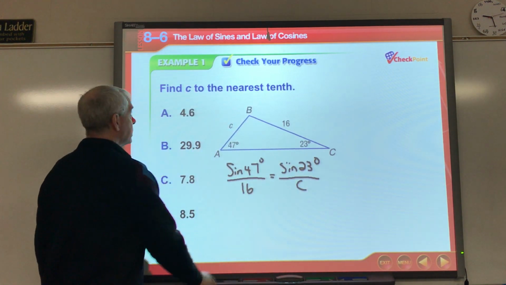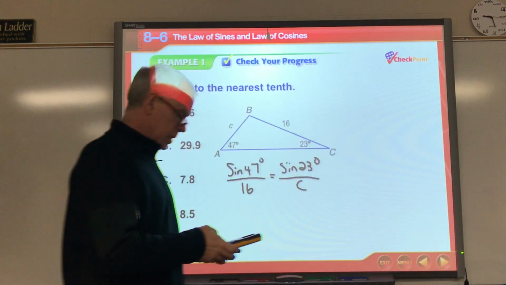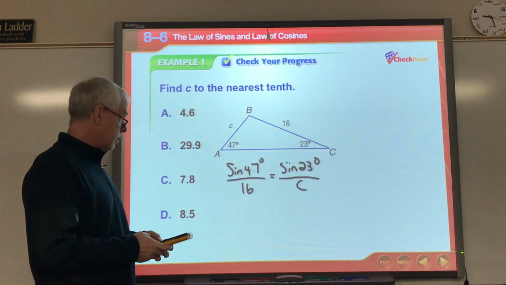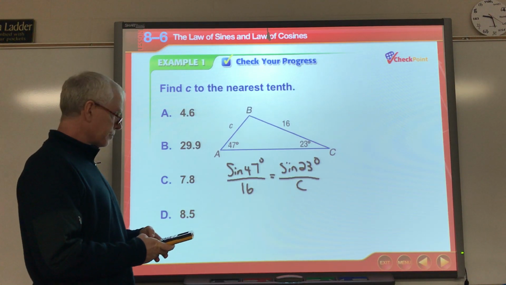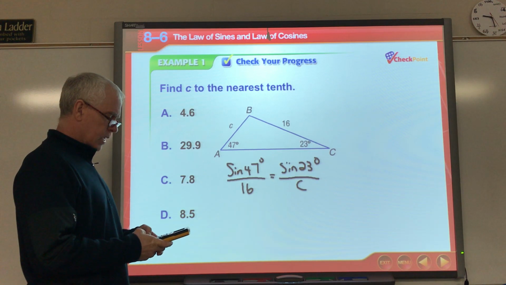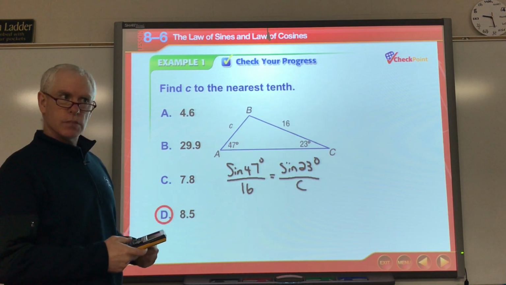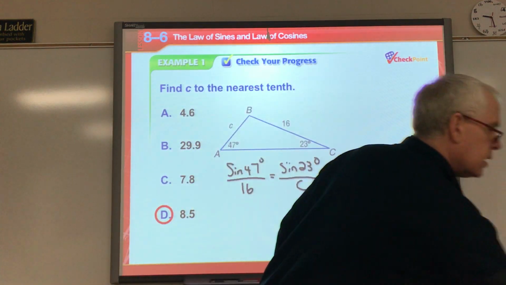And that's what we were asked to find. So I grab my calculator, I type in 16 sine of 23, and then I divide by the sine of 47, and I get 8.5. There you go. Simple proportion, you guys. These ones shouldn't be too hard.